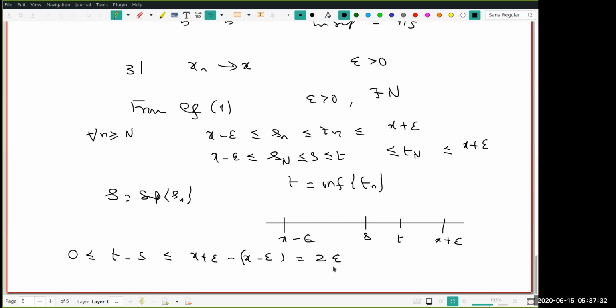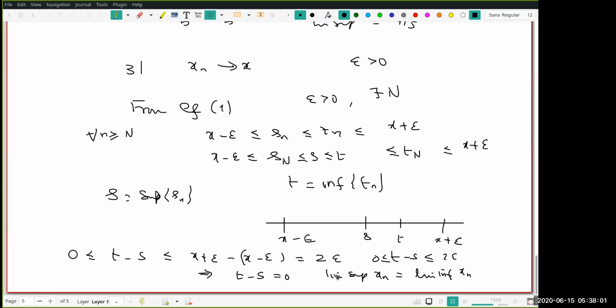Therefore, for any epsilon given, I have shown T minus S is less than 2 epsilon. Therefore, this says by the Archimedean property that T minus S is 0, or lim sup of xn equals lim inf of xn. Both are equal.